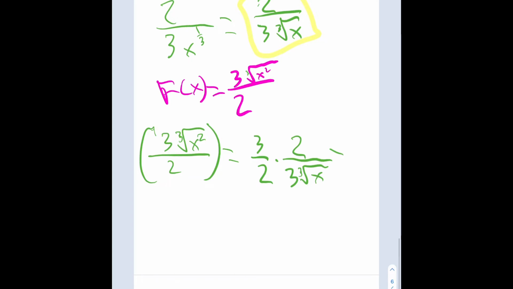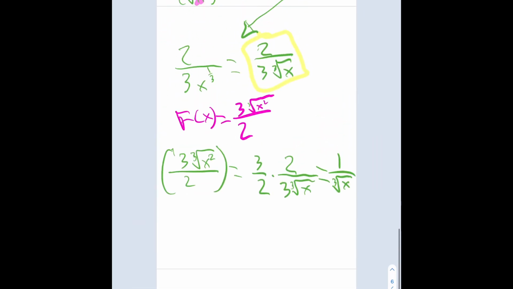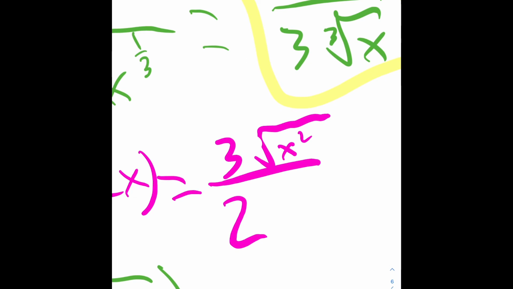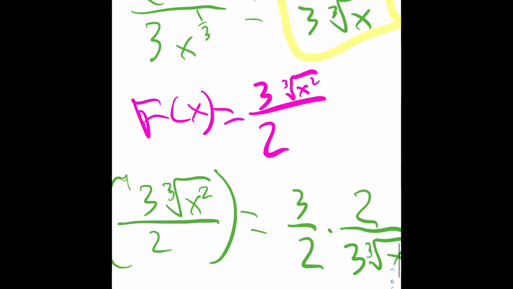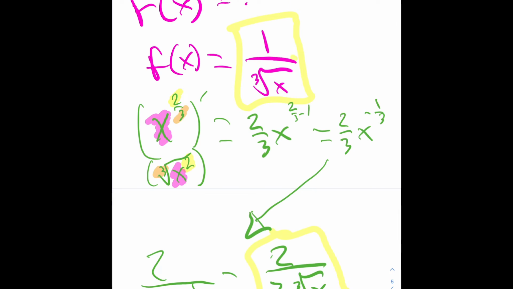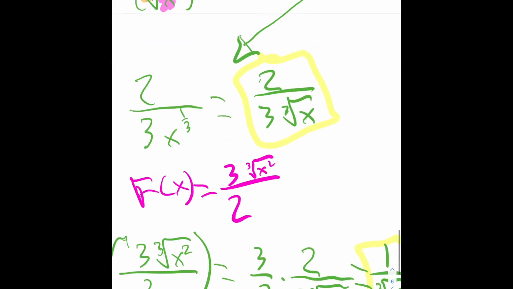And then when we simplify this, my 2/3 and my 3/2 are going to cancel out. I'm just left with x to the 1/3 power. So again, always double check your answer. I thought this was my function. I was able to plug it in and then find the derivative of this function, and I proved that was actually what we were looking for. They match, so we did it correctly.